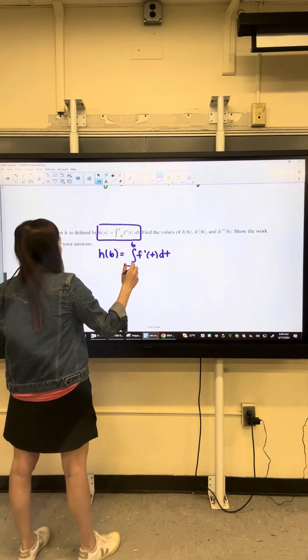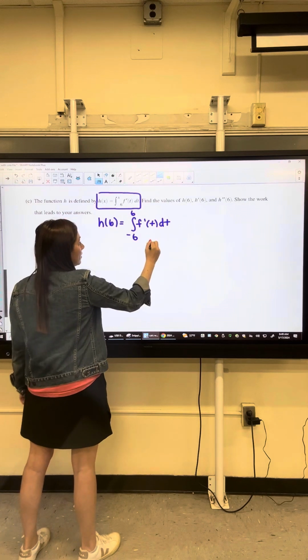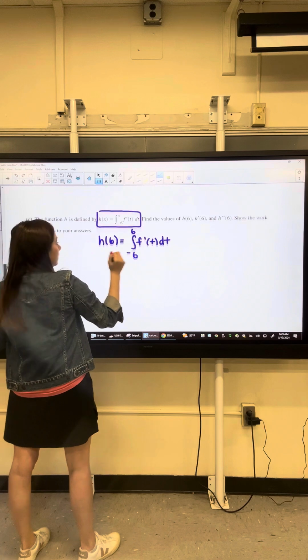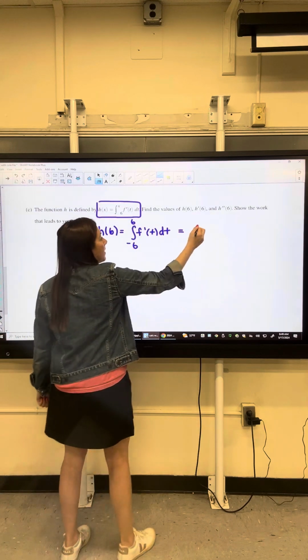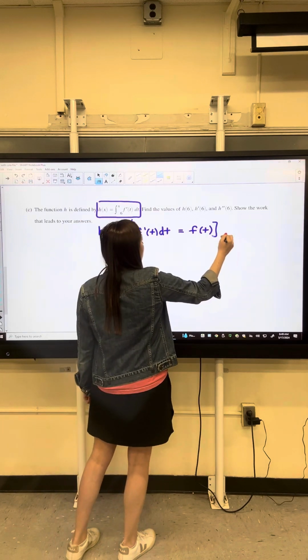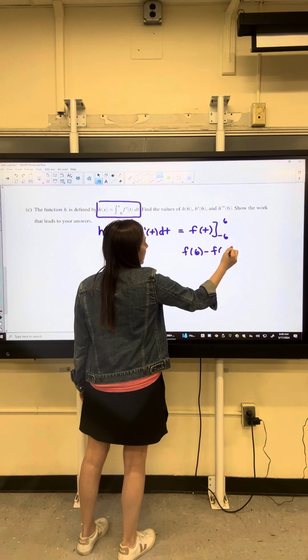Okay, when you integrate the derivative, you get back to the function. So when I integrate this, this is going to become f of t, because you're integrating f prime, you're going to get back to f, from -6 to 6. So now that's going to be f of 6 minus f of -6.